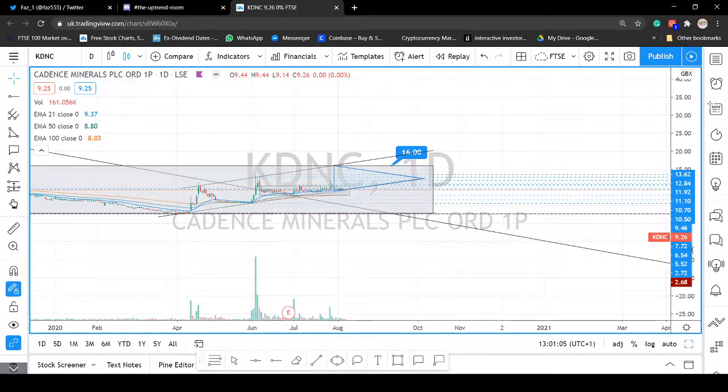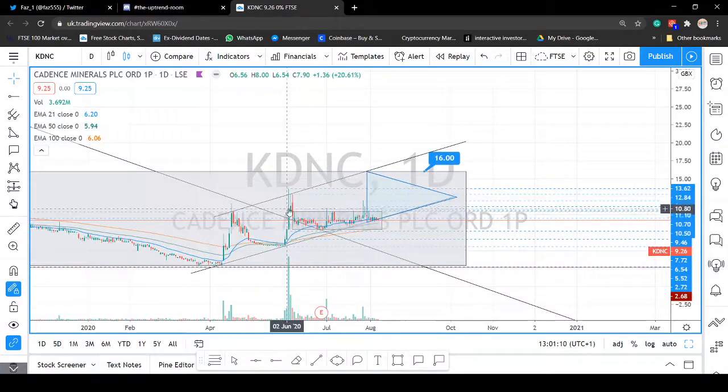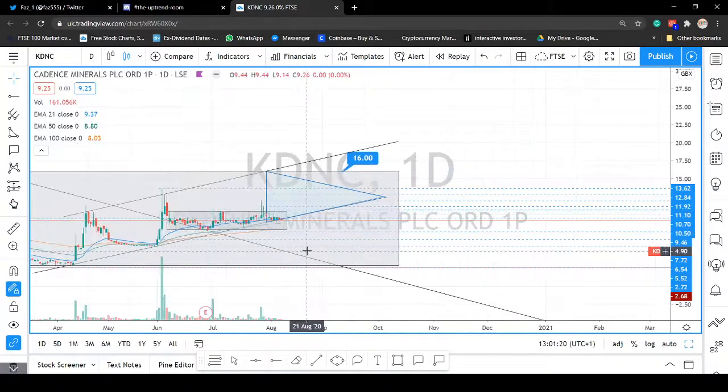Let's just zoom in a little bit. That candle there broke and closed above. So that is telling us that the buyers are now in control of this stock. It was quite a lot of aggressive buying to the upside.